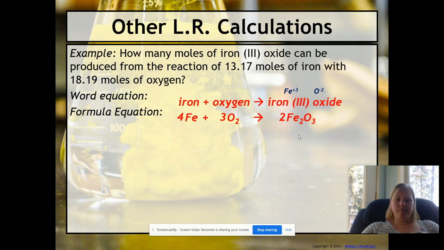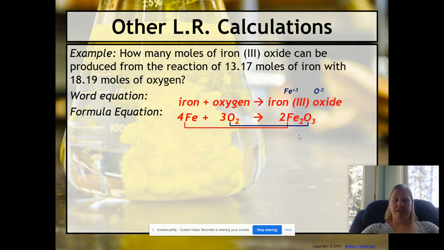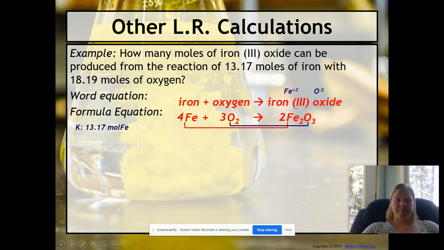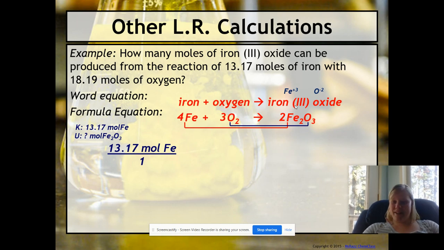Our question asks us how many moles of iron(III) oxide can be produced from the reaction of 13.17 moles of iron with 18.19 moles of oxygen. So we're going to be looking at these relationships: our iron to iron oxide and our oxygen to iron oxide. We're going to start with the iron. It gave us 13.17 moles in our problem. Now, it's already in moles. Yay! So we don't have any weird extra steps.